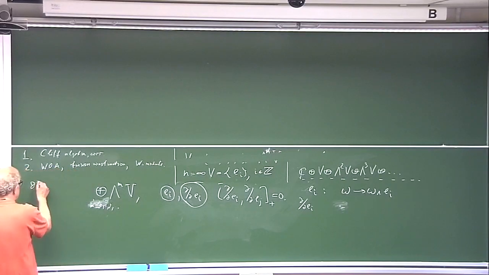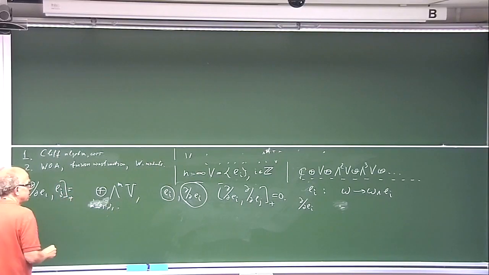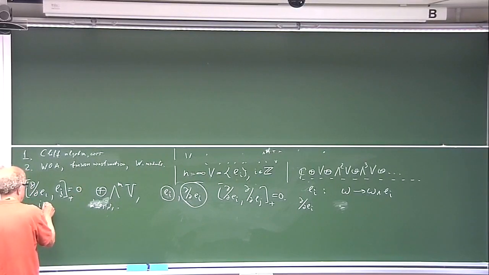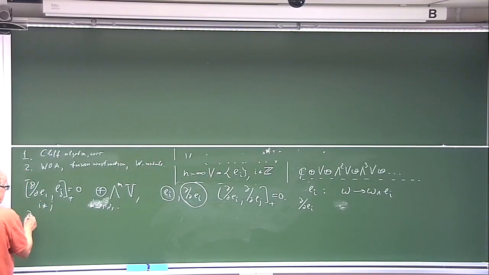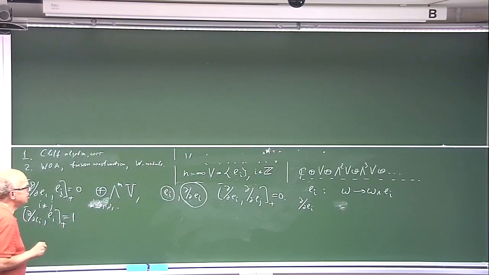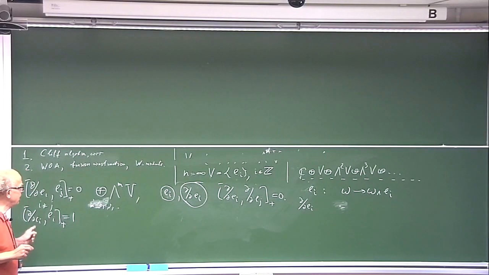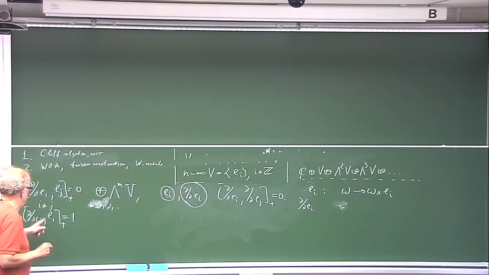Also d over d_i and d_g anticommute, which is 0 if i does not equal g, and then d over d_i with e_i gives 1. Maybe there is a mistake of sign, but it is such a relation.